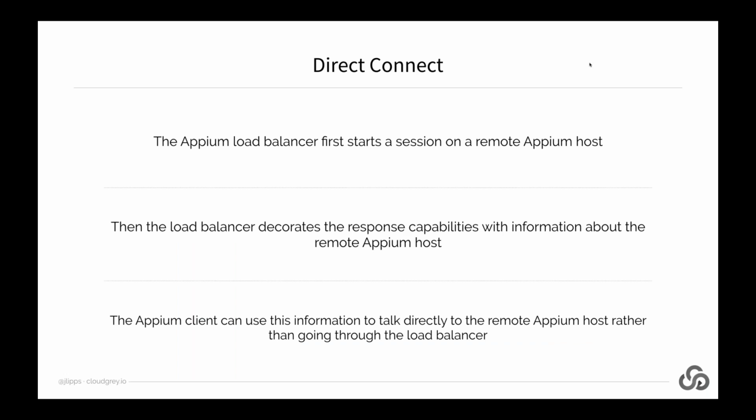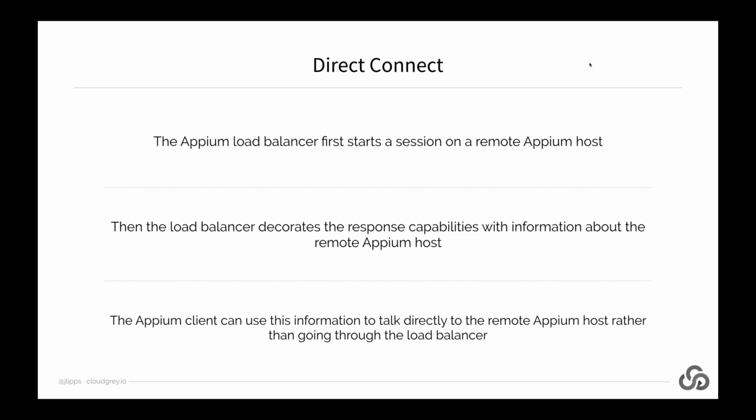And basically the way it works is that your client first speaks to the load balancer, which starts a session on a more remote Appium host somewhere within the cloud service. Then the load balancer, when it responds with the new session result to your client, decorates that response with information about the specific remote Appium host which is going to be servicing your session. Now the Appium client can use that information to talk directly to that host rather than going through the load balancer if it wants.